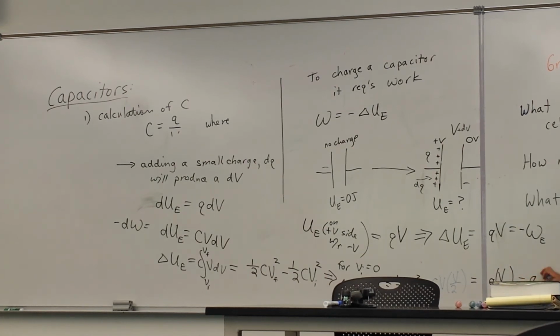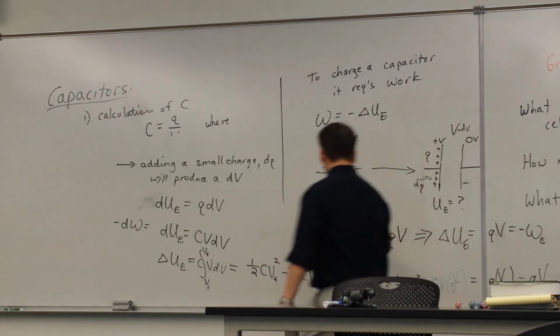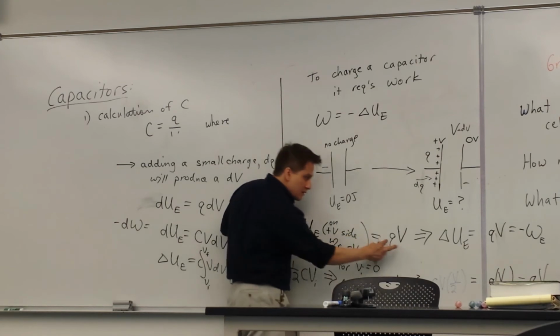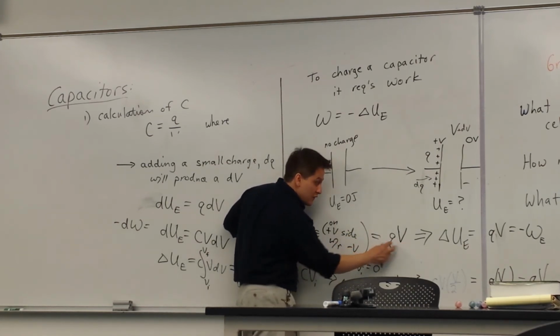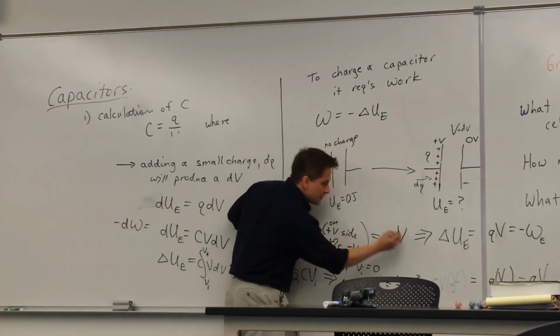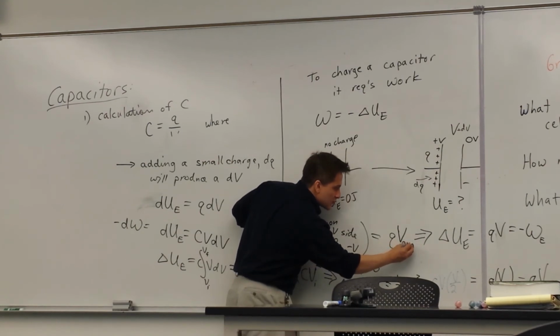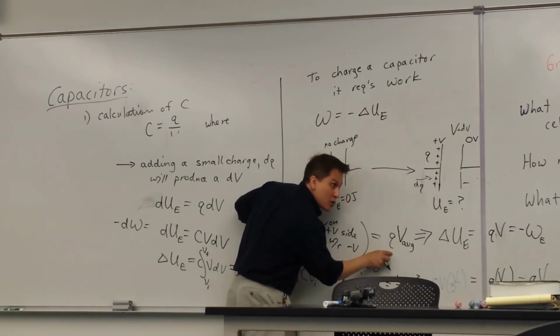This is Q times the average voltage as you go from 0 up to this value. In other words, the relationship between Q and V and the stored potential energy is related to the average V during the accumulation of Q.